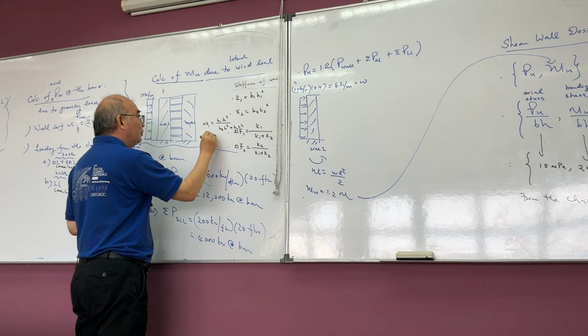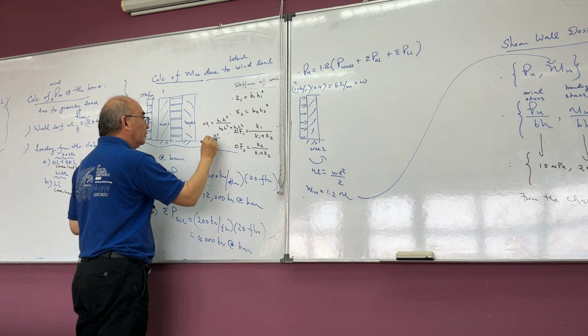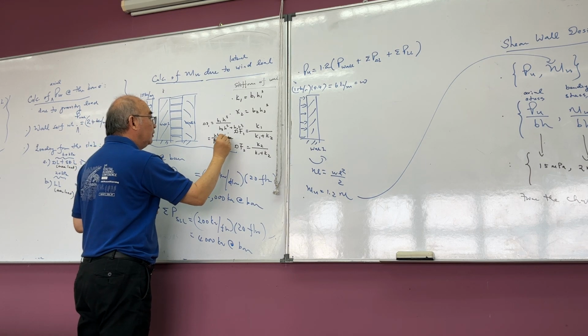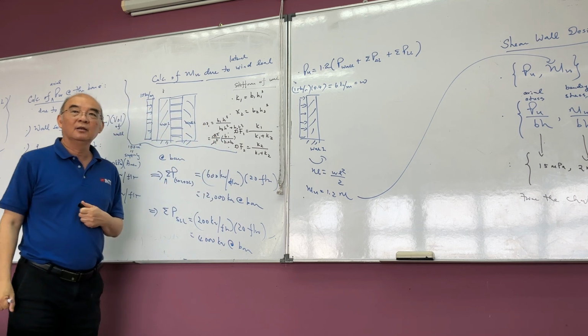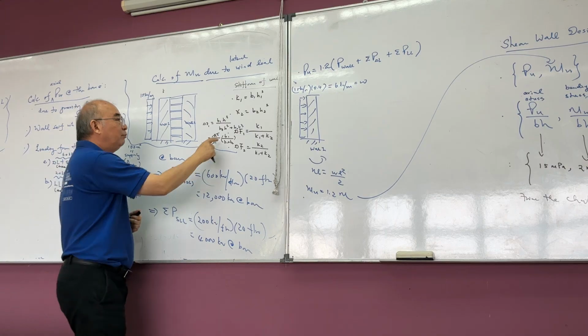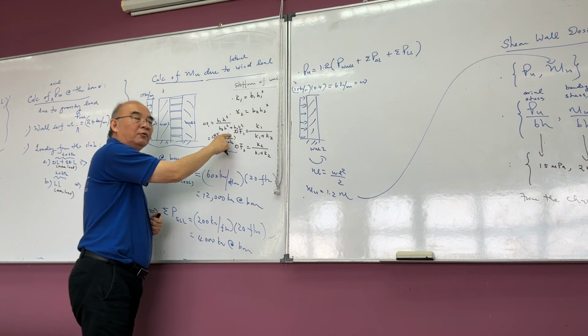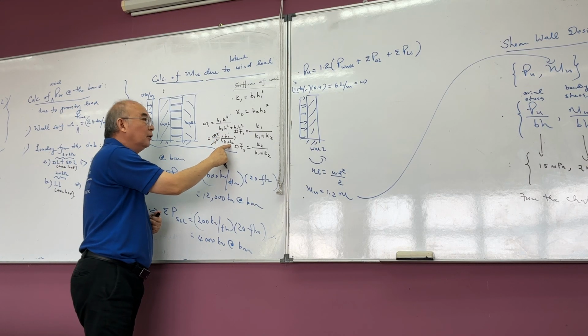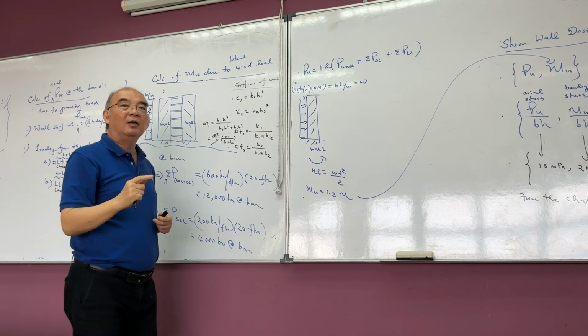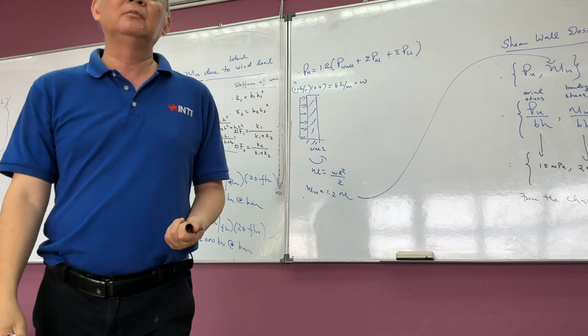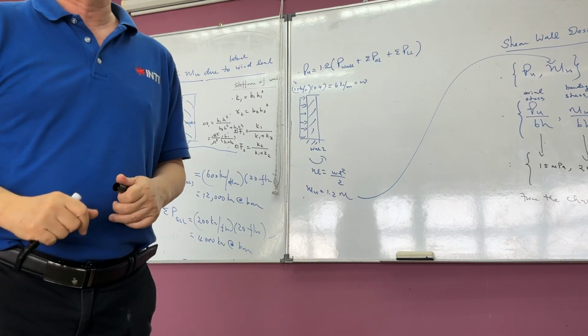And then H cube is the common factor. B1 divided by B1 plus B2. This cancels, right? Let's say one is 200, the other one is 300. So 200 divided by 500 will be 0.4. The other one will be 0.6. Understand?